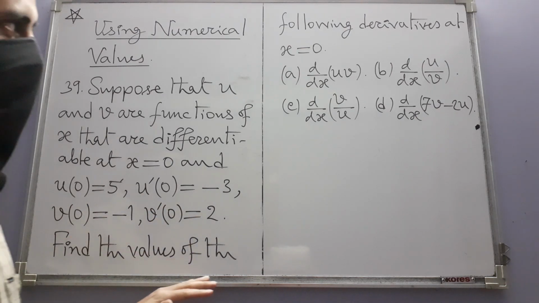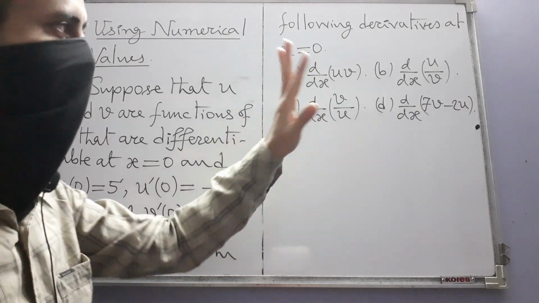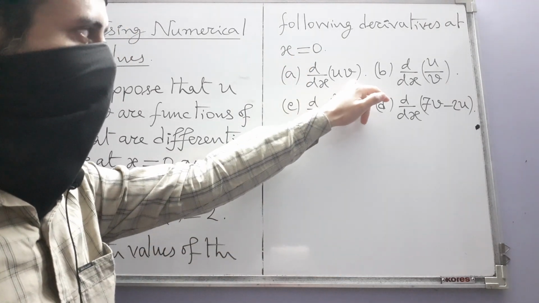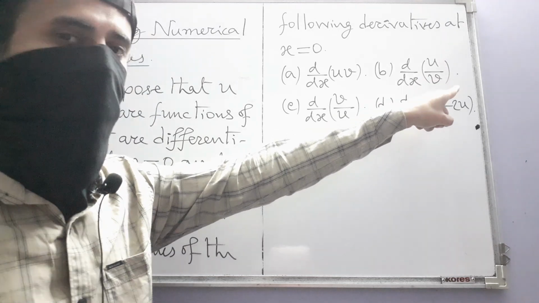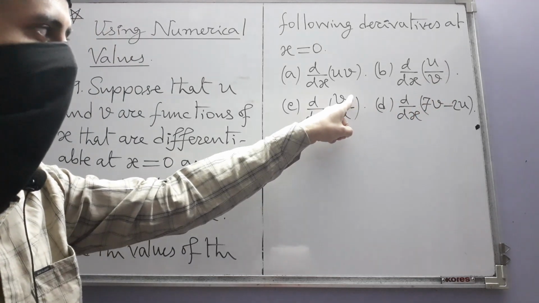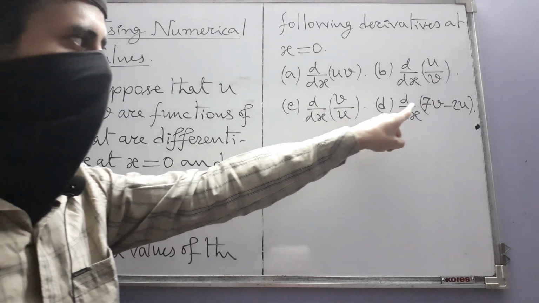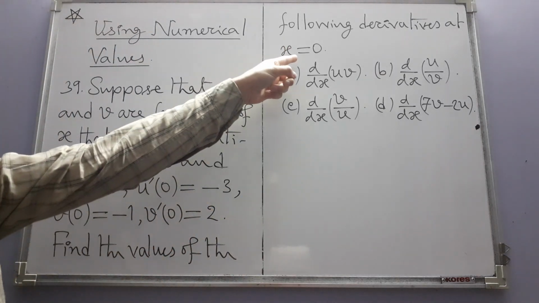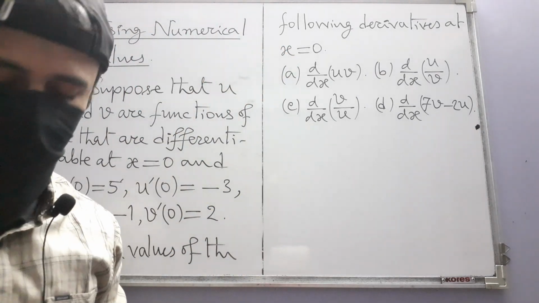With this much information, we have to find these derivatives. The derivative of the product uv, the derivative of the quotient u divided by v, that of v divided by u, and 7v minus 2u at the point x equal to 0.